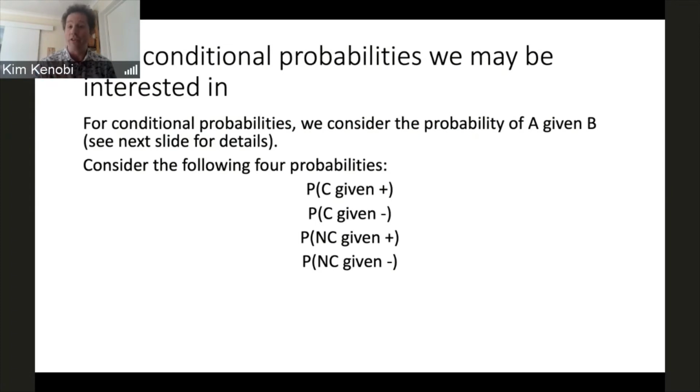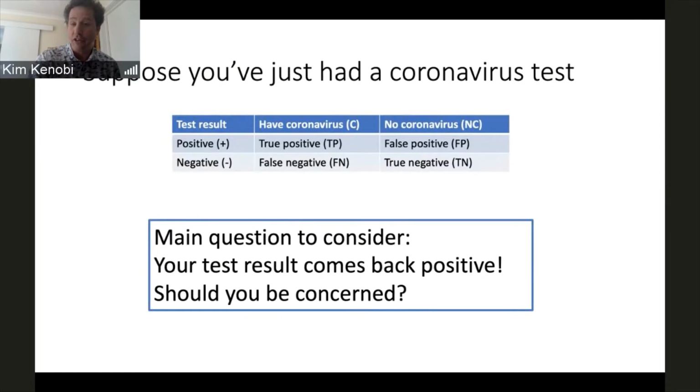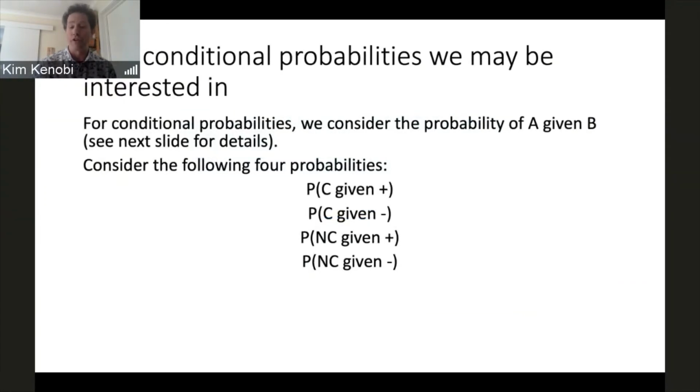Those are just any events we might be considering. And I've got 4 probabilities here. So the probability of C given plus, C given minus, NC given plus, and NC given minus. And this is relating back to C and NC, having the disease and not having the disease, and plus and minus being the test results.